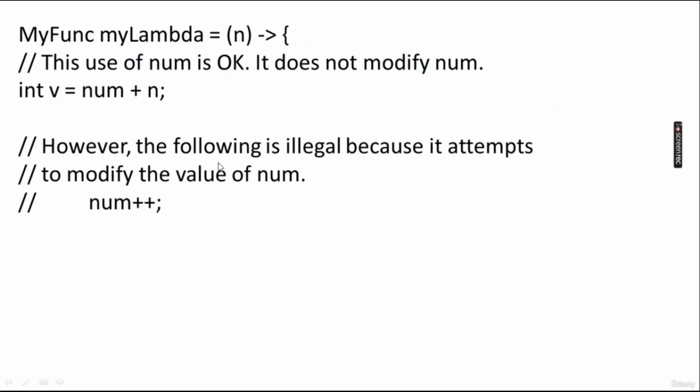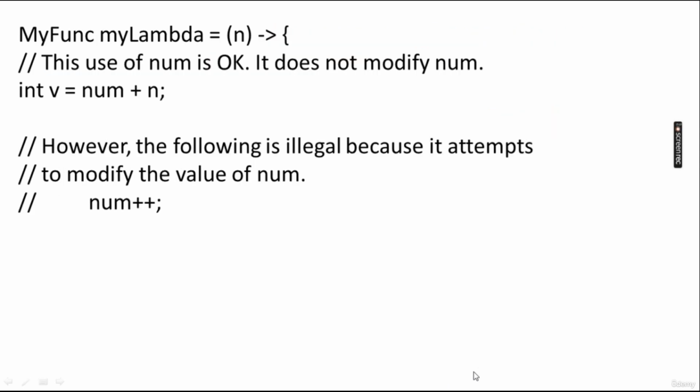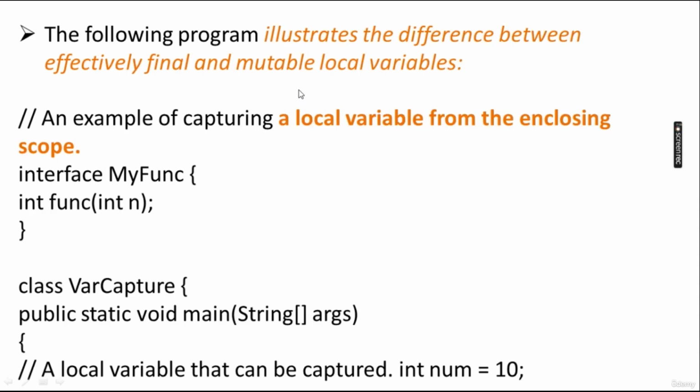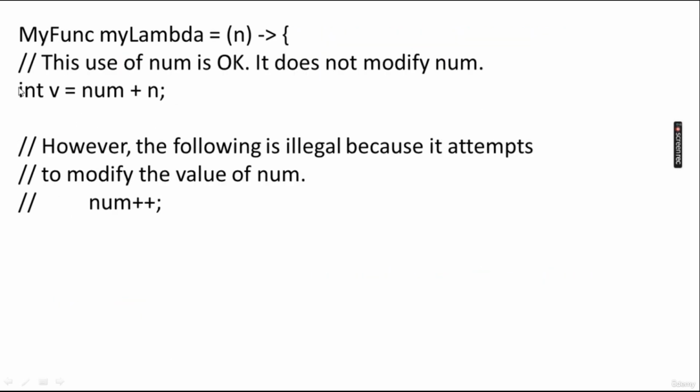This lambda definition is enclosed in public static void main, between its opening curly brace and closing curly brace. Inside we have declared this my lambda, right?